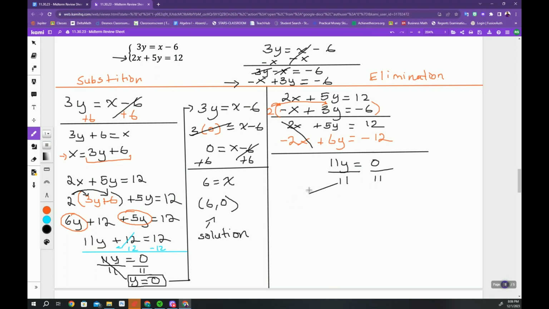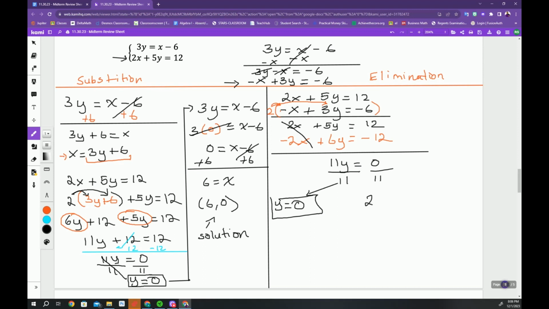y equals 0 divided by 11, which is 0. y equals 0. We have something very similar to what we had over here. And then you do the second part of it, which is to use y equals 0 to find x. For the sake of it, since we did the first equation already, let's do the other one.